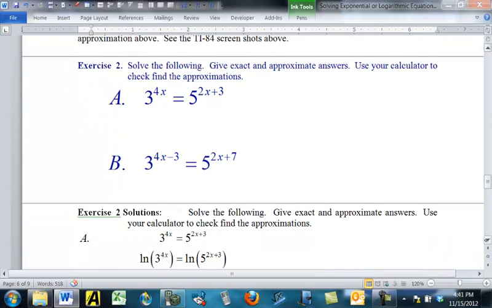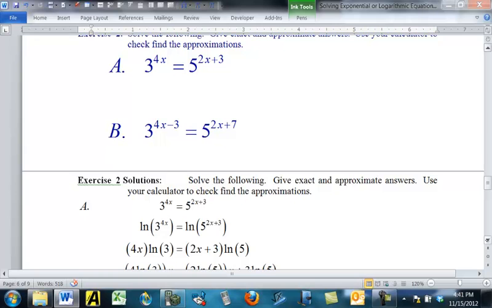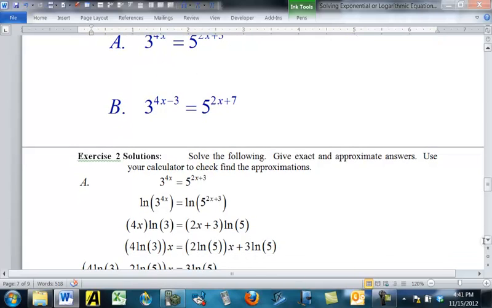Alright, so here what we do, we've got to get our hands on the power, so we take a natural logarithm both sides, bring the powers down. They become multiplications, so that gives us 4x times natural log of 3 equals 2x plus 3 times natural log of 5. Distribute, so that gives us 4 times natural log of 3 times x on the left, 2 times natural log of 5 times x, plus 3 times natural log of 5 on the right.